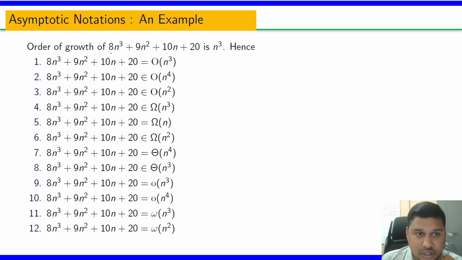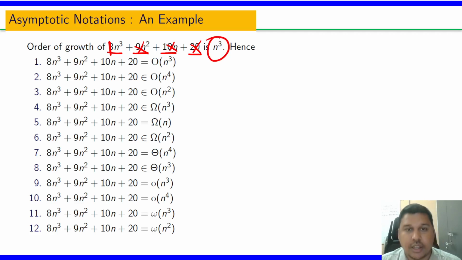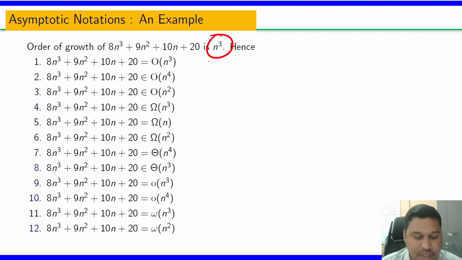See, given expression 8n cube plus 9n square plus 10n plus 20, how to find out the order of growth? Ignore the lower order terms, ignore the coefficient of the higher order term. Therefore, we get n cube. This is the order of growth. You know how to find it out. But there are some notations.